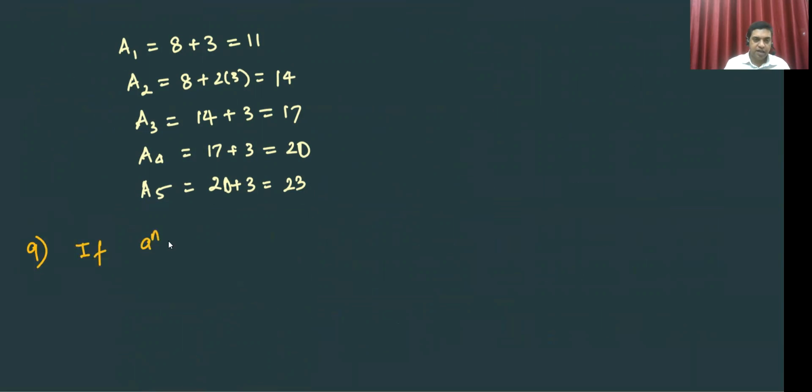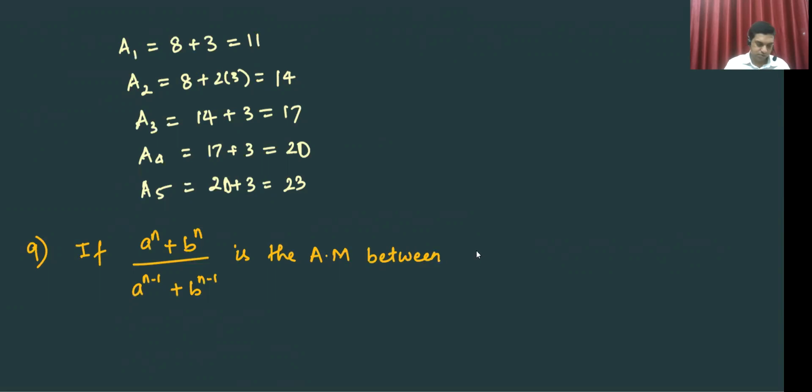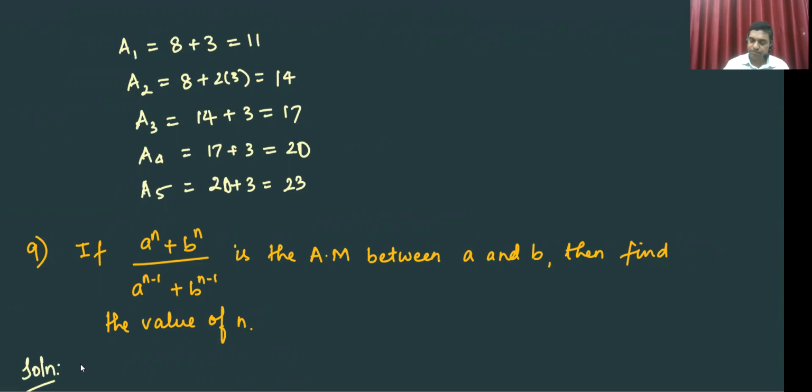If a power n plus b power n by a power n minus 1 plus b power n minus 1 is the AM between a and b, then find the value of n. Answer?